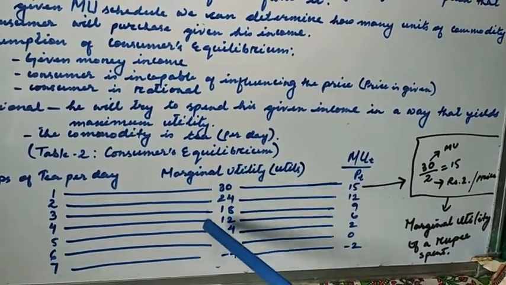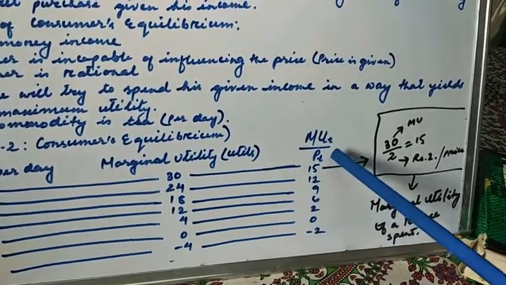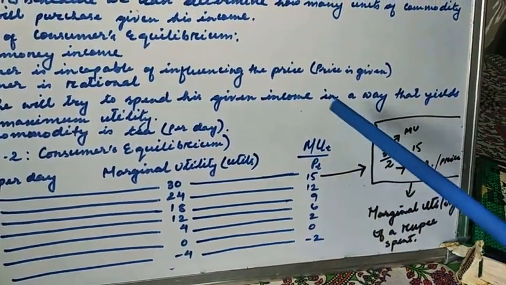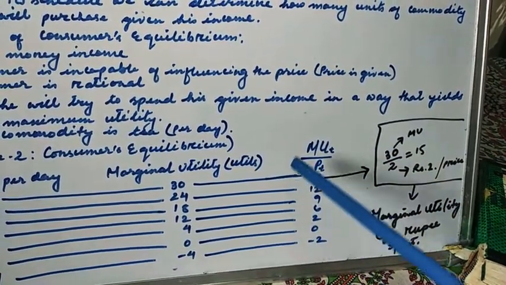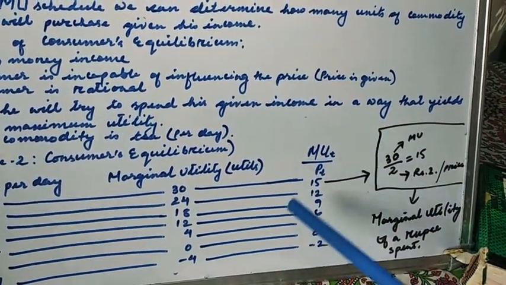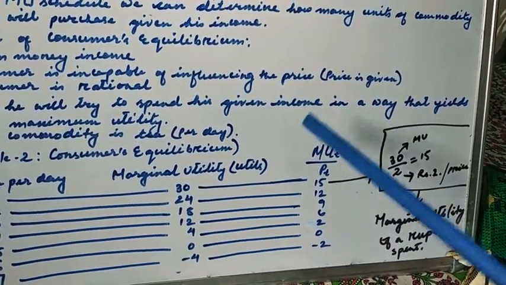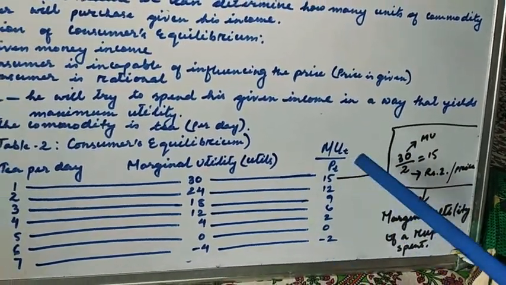In the second column, we are measuring the marginal utility that a consumer gets. And in the third column, we will talk about the marginal utility that a consumer derives per rupee, that is, from the amount of money that he spends.